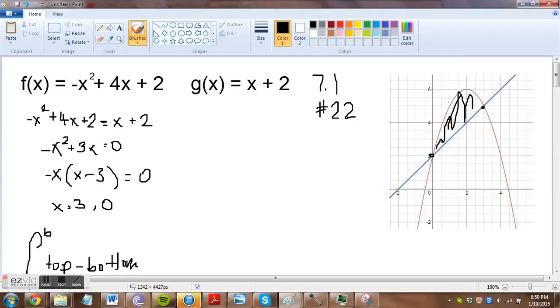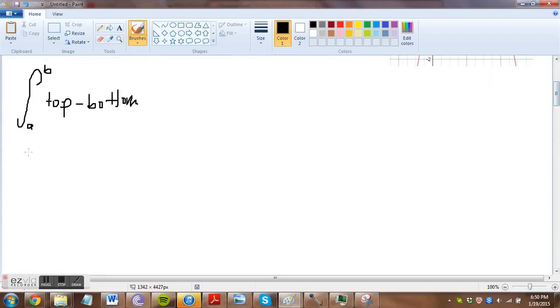So now we go back down and we can say it's the integral from a to b of f(x) minus g(x), and of course we have to have the dx. Now that we have our basic integral set up, we can start plugging in values.